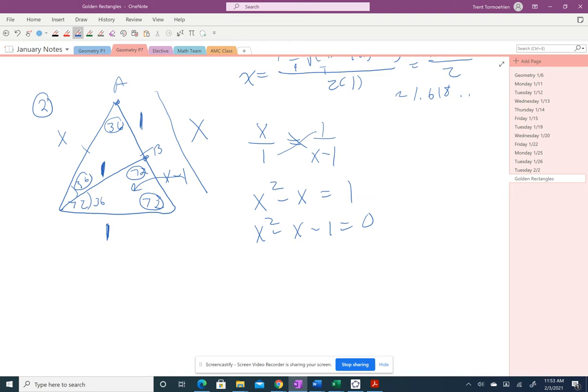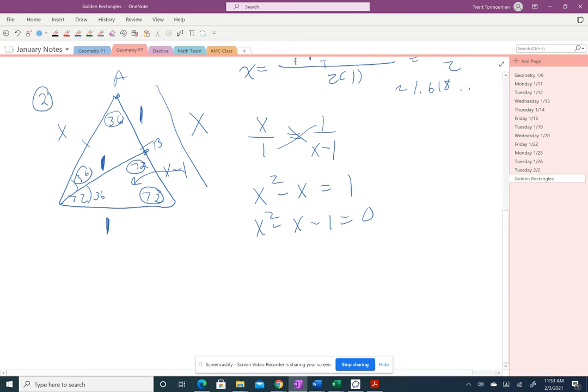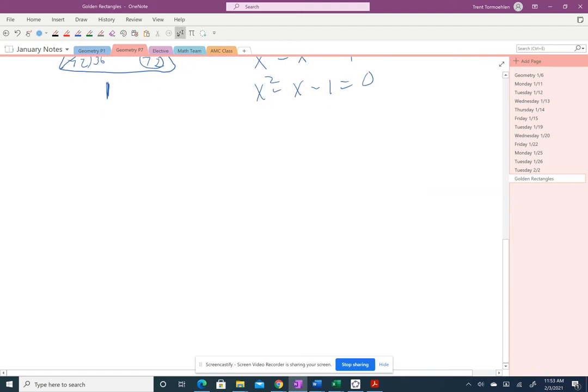Well, the reason why this is interesting, and one of the things that leads to the mystique around the golden ratio, is because that triangle shows up in a pentagon. And so when we look at a pentagon, we know that one angle in a pentagon, and I'll do my best to freehand it here, is 108 degrees.